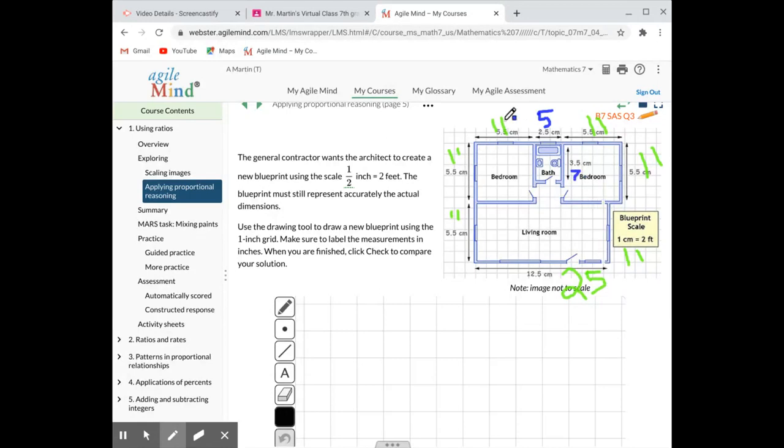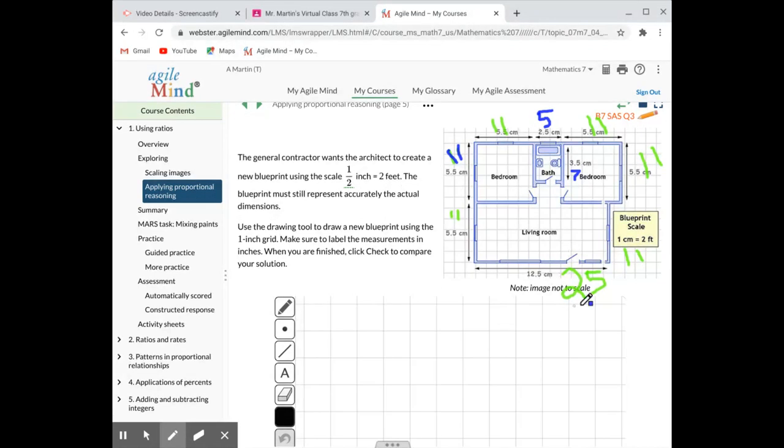So using all of our actual measurements, we've got to create a scale drawing that will work when a half inch equals 2 feet. All right. So I want you to try to do that now on your own. I'm going to give you a little help first.